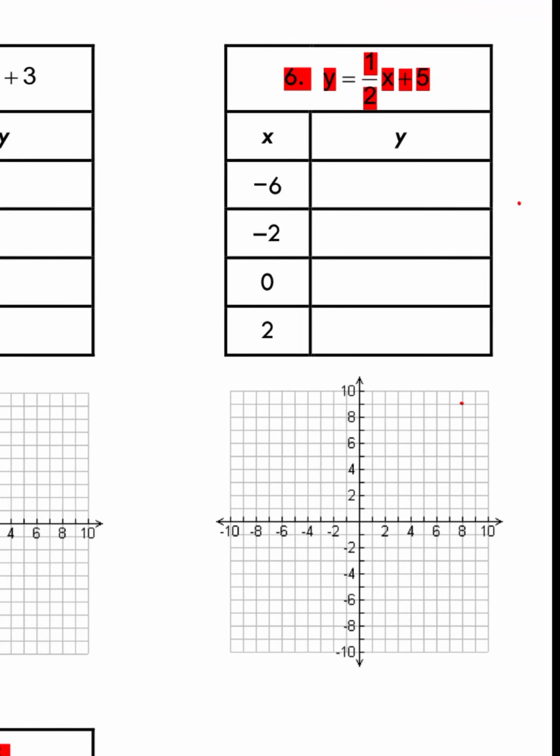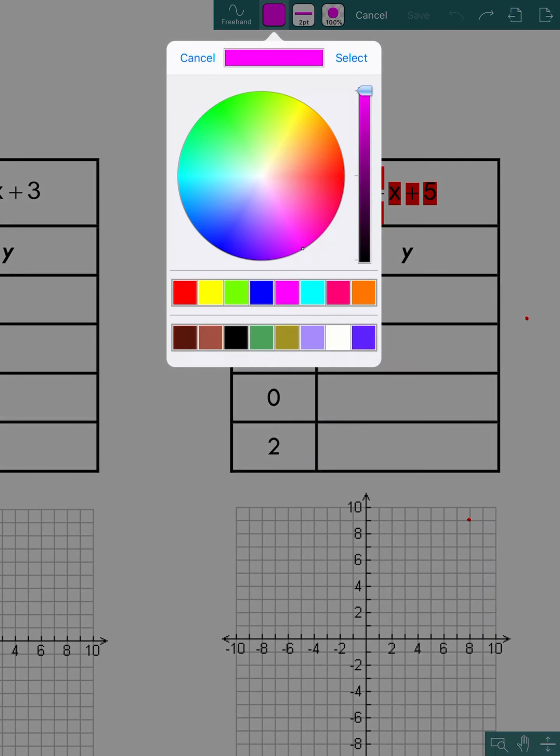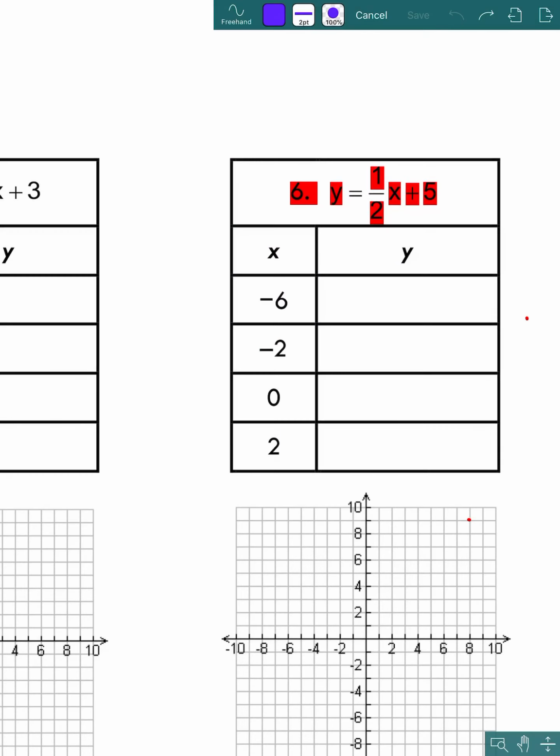All right. Over here with this example, now we have a fraction in front of it. So what we have is y equals half of x plus 5. You'll notice that here, the values that were chosen were all numbers that could easily be divided by 2. You can choose any numbers you want.